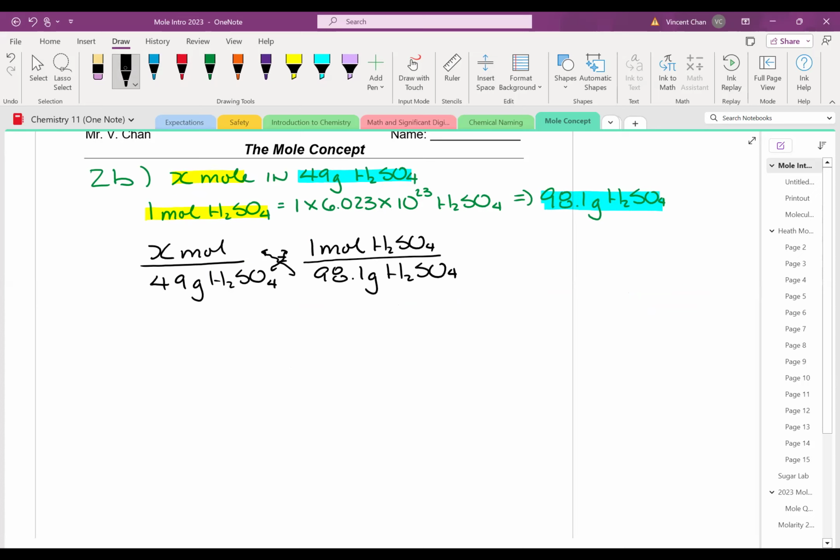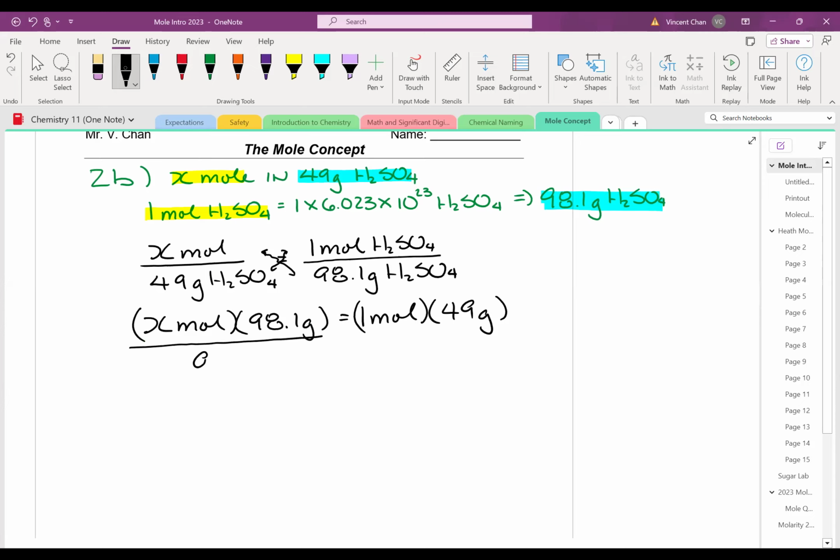So I have X moles times 98.1 grams is equal to 1 mole times 49 grams. So I divide both sides by 98.1 grams, and then I cancel it out here.